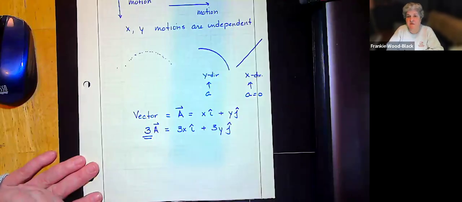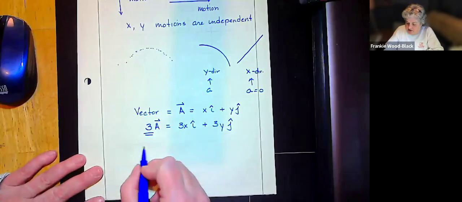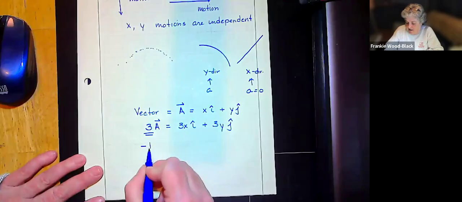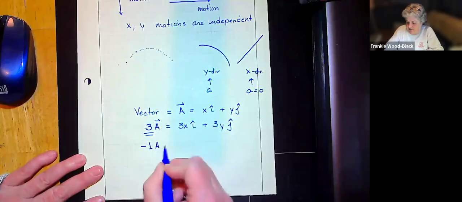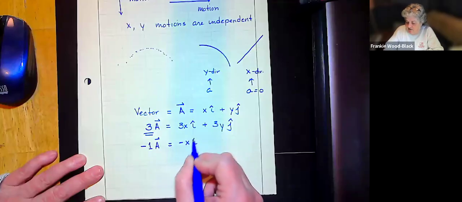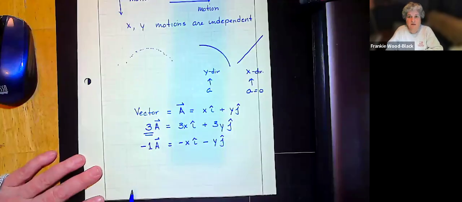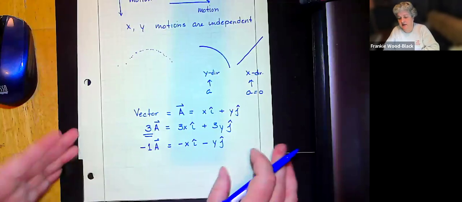So I can do my math on my scalar. If I do a -1 in front of my vector, this is going to be a negative x, and this is going to be a negative y. Okay? So I can take my scalars here.